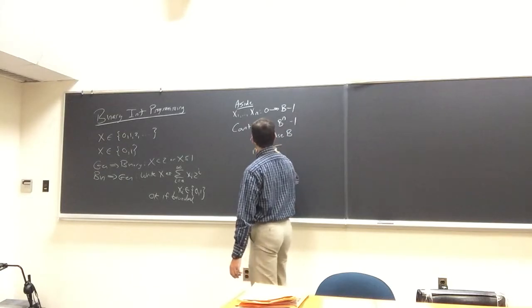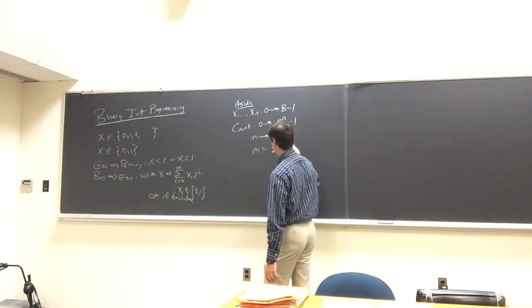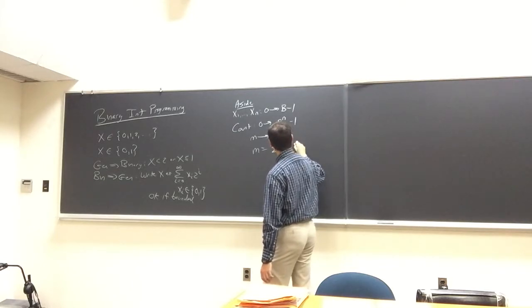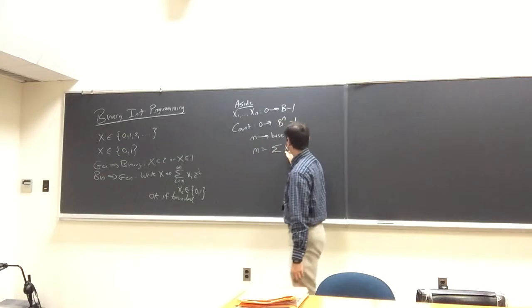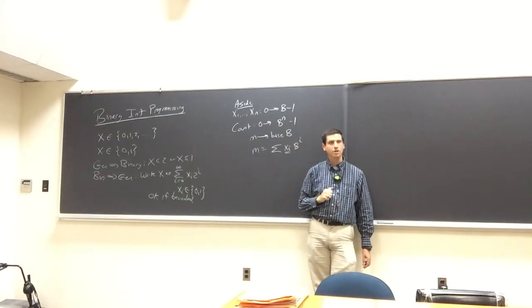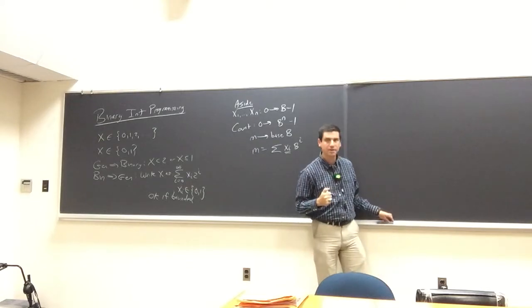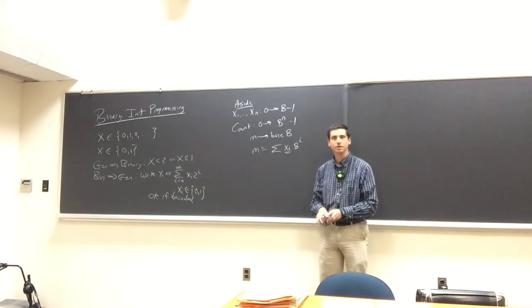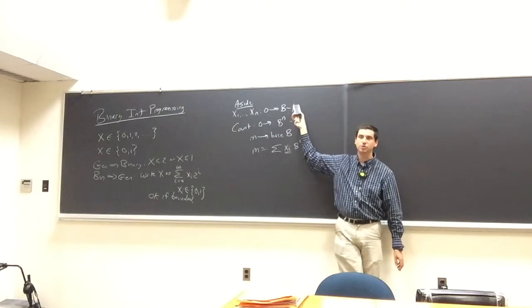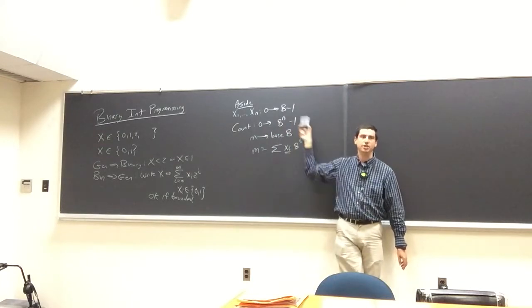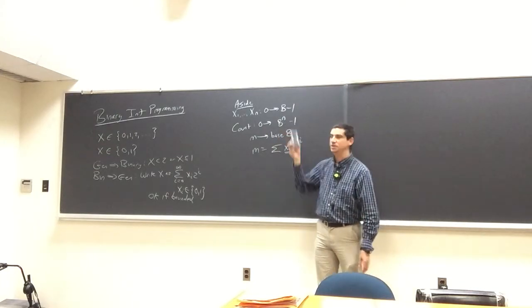So m would be the sum of xi b to the i, and this will now give you what each of your variables are in your for loop. So if you don't know ahead of time how many variables you're going to have to play with, as long as they all have the same range, 0 to b minus 1, we can do this by just counting from 0 to b to the n minus 1.